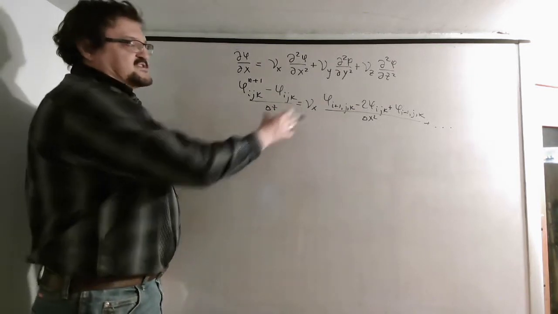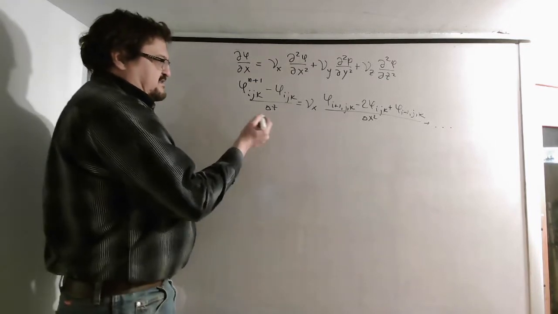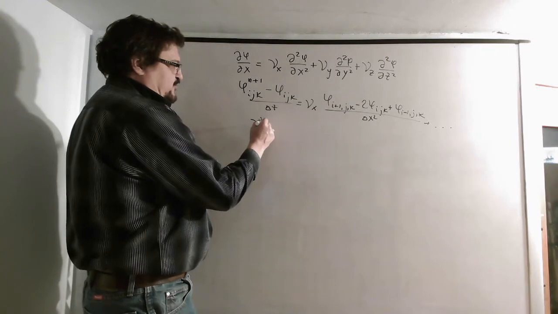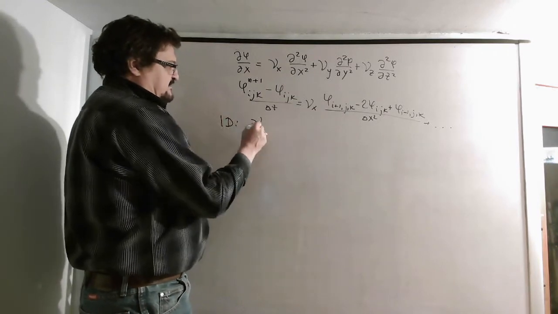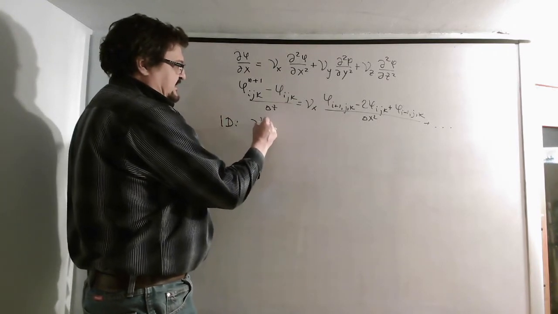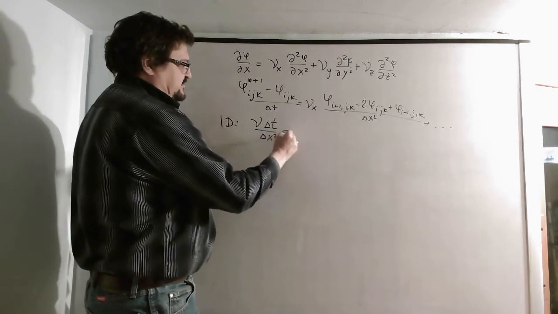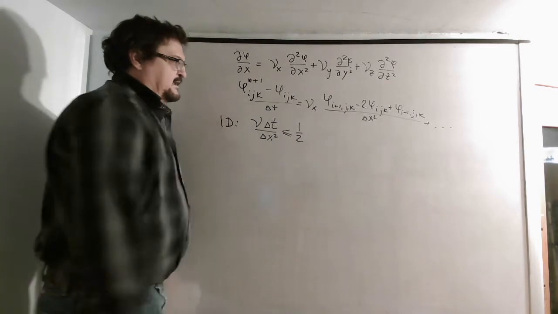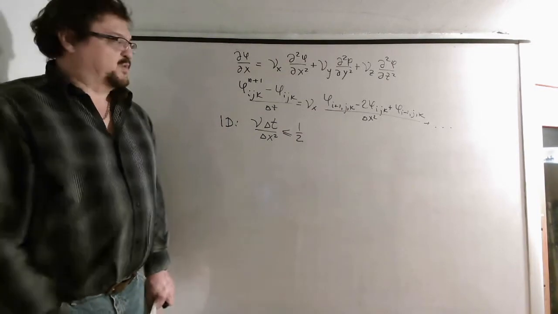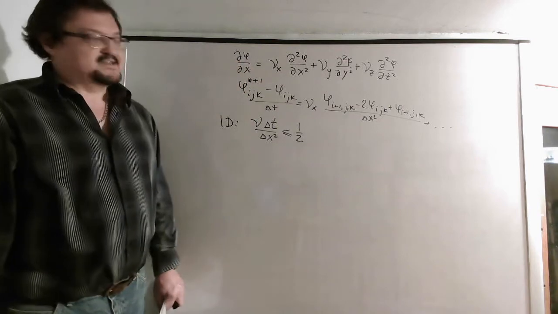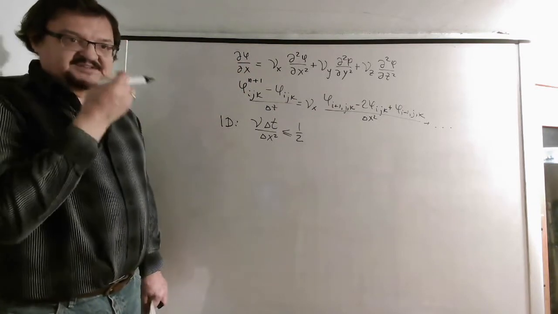For one dimension, we established the other day that the stability criterion is that nu times delta t divided by delta x squared should be smaller or equal to 1/2. So this we established for the one-dimensional case. How about the two-dimensional or three-dimensional case? Well, it's actually a similar thing.